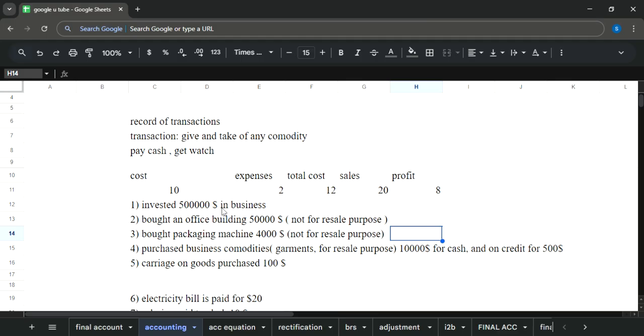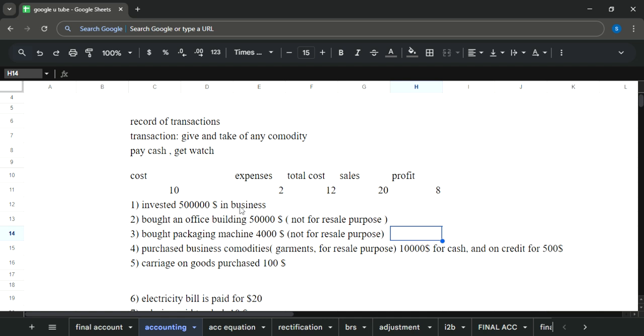The focal point would be the business. For example, when you have paid 5 lakh dollars into your business, cash is going out. You are paying cash into the business. That means cash is going out personally. But when you focus upon the business, cash is coming in.